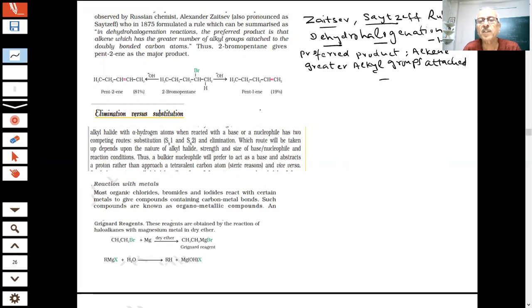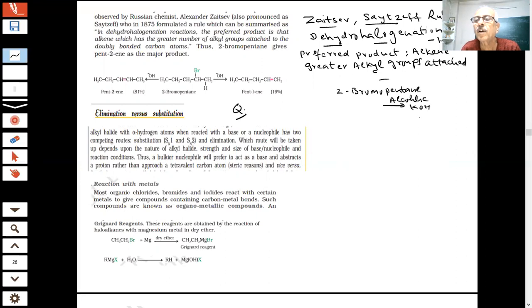Now the question which was given in the paper, this question was given again, is an important question. Question answers are very important when we discuss the lecture, students. In the exam you are getting questions. They said bromopentane, okay, reacted with alcoholic KOH.